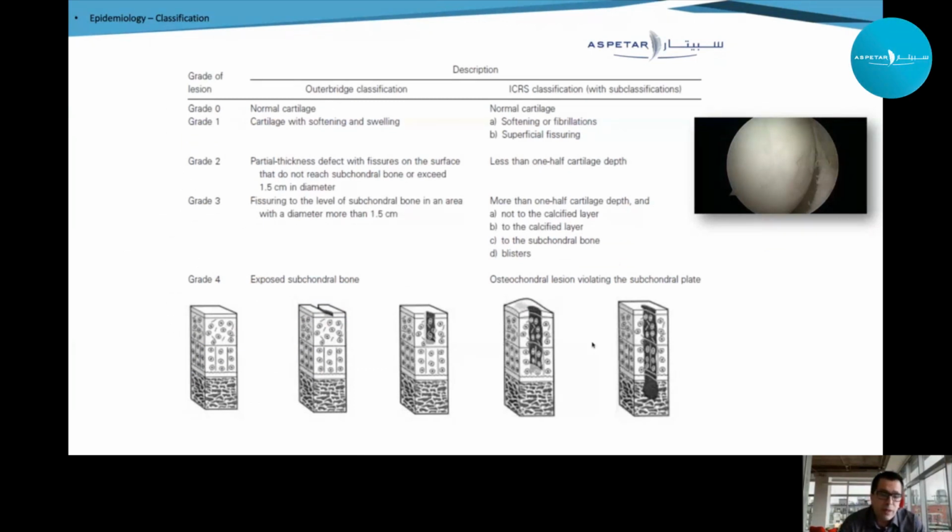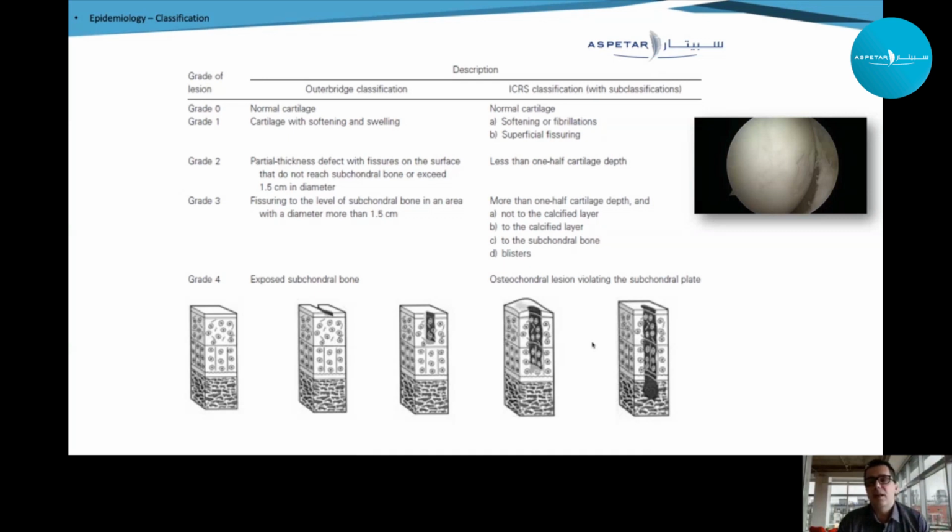In order to speak the same language, we definitely need a worldwide accepted classification method. Nowadays, in the last 10 to 15 years, it's the ICRS classification system, which grades the cartilage defects in 4 different grades, with normal cartilage being grade 0. It is connected with a previously widely used arthroscopic classification from Outerbridge.